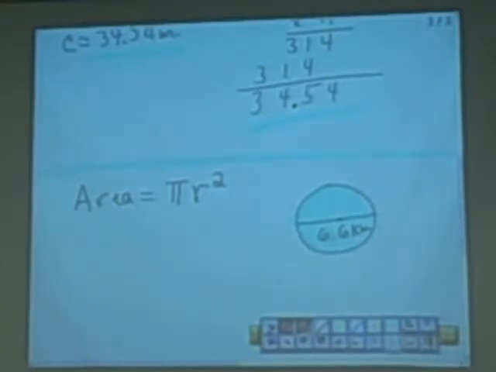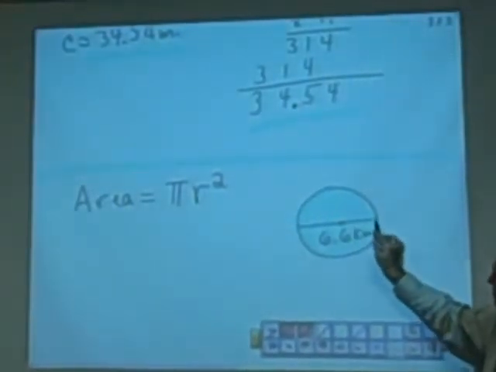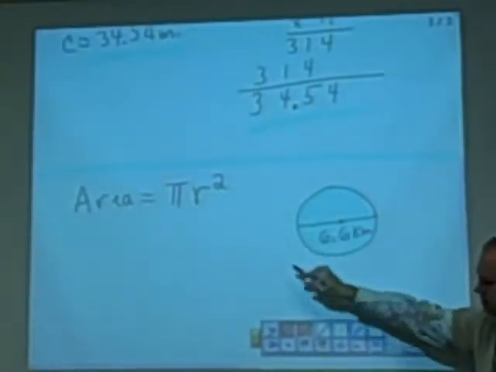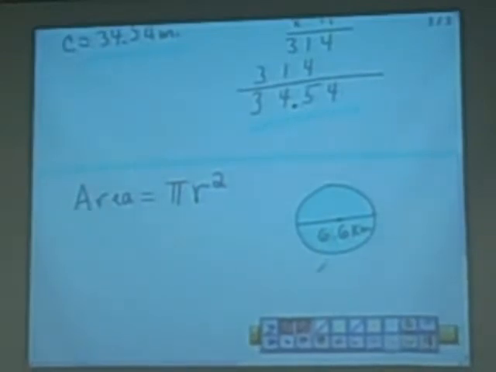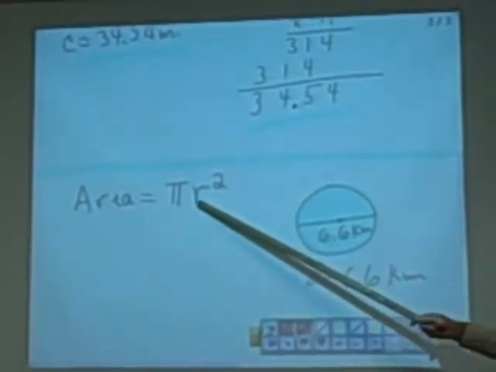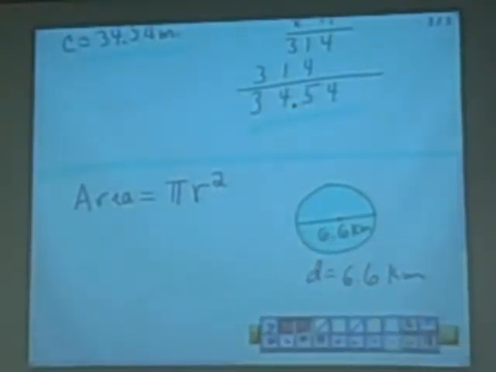Diameter, right? Because that line goes all the way across from one side through the center to the other side. So the radius is not 6.6, the diameter is. But we can't use diameter in our area equation. We can only use radius.